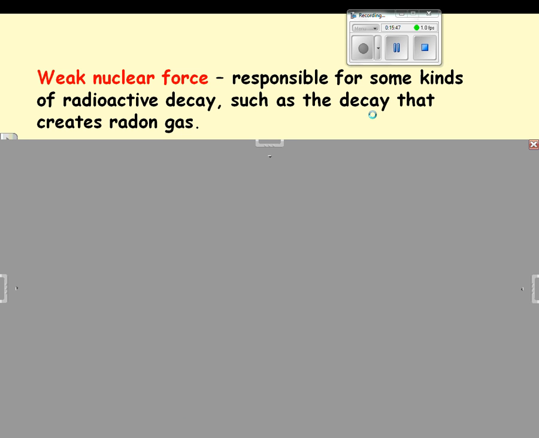Who cares about radon gas? Anyone? River, do you care about radon gas? You probably should. Brett, do you care about radon gas? I don't know what it is, but I care deeply. Well, radon gas is the number 2 cause of lung cancer in Canada.